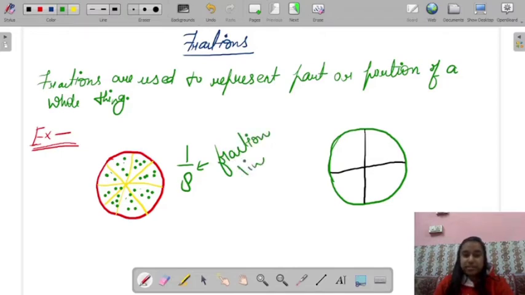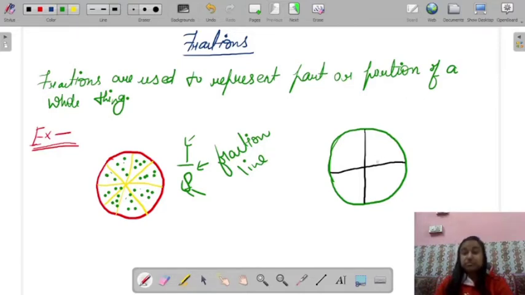This number is known as the numerator, and 8, the part which is below the fraction line, is called the denominator. The number which is above the fraction line is known as the numerator. Okay, let's move forward to another example.